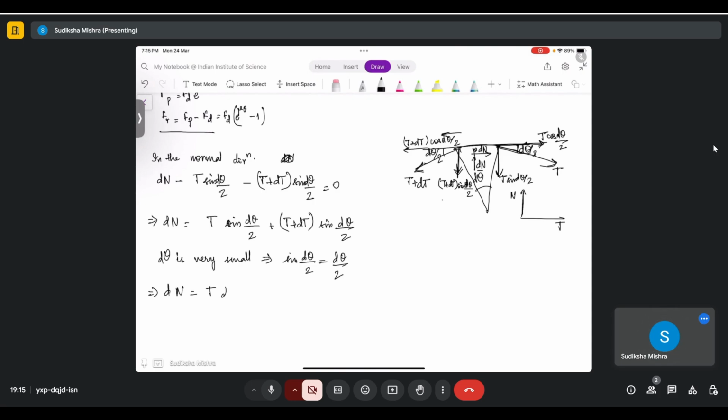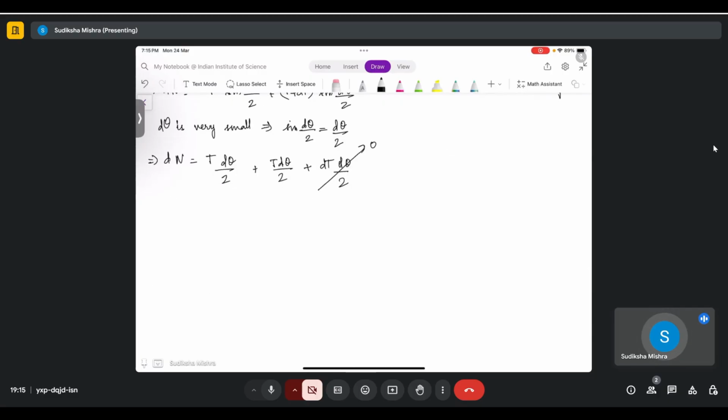So dN can be written as T d theta by 2 plus T d theta by 2 plus dT d theta by 2. This last term becomes 0 because there are two differentials, so it is a very small quantity. So dN can be written as T d theta.